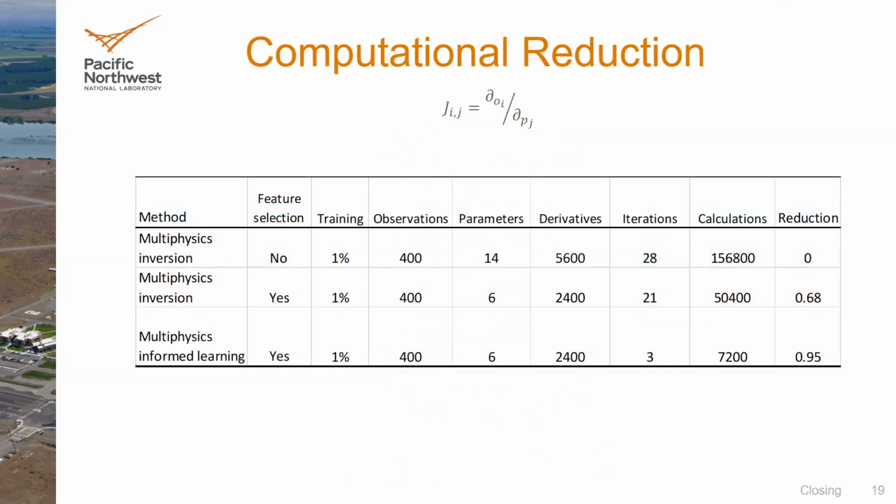I just wanted to point out that one large advantage in using this approach is that this physics-informed learning algorithm reduced the computational burden associated with the traditional Jacobian matrix calculations by about 95%. This reduced the number of iterations to convergence from 28 to 3.